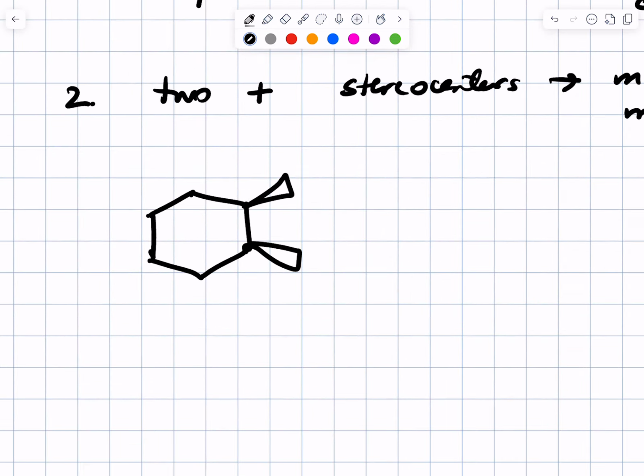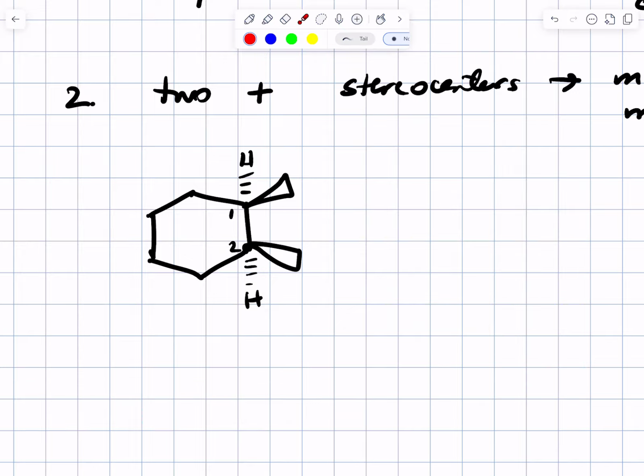Behold, 1,2-dimethylcyclohexane, cis-1,2-dimethylcyclohexane. Carbon 1, carbon 2. In deciding whether a particular carbon is a stereocenter, we're going to use the exact same standards for differences that we use to assign E or Z. In other words, two groups are different if you can find a difference in either the atom or what they're bonded to out as far as you can go.